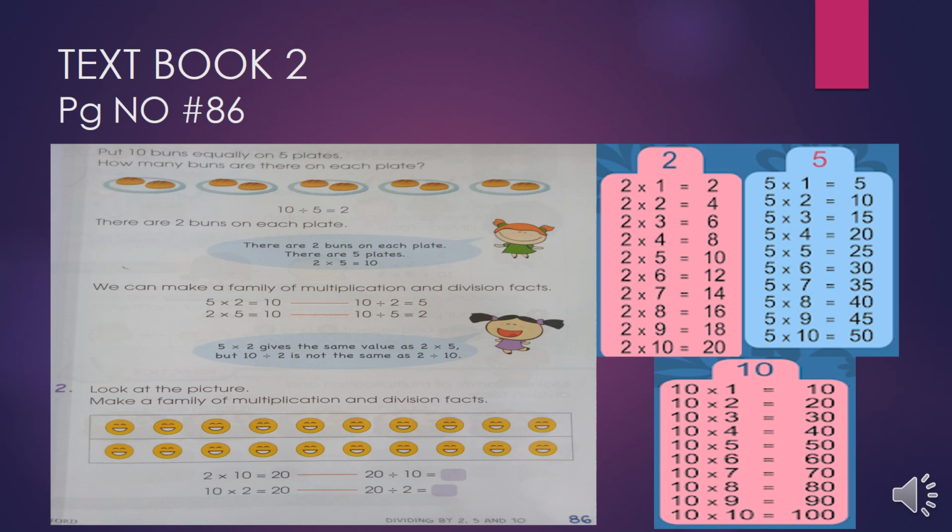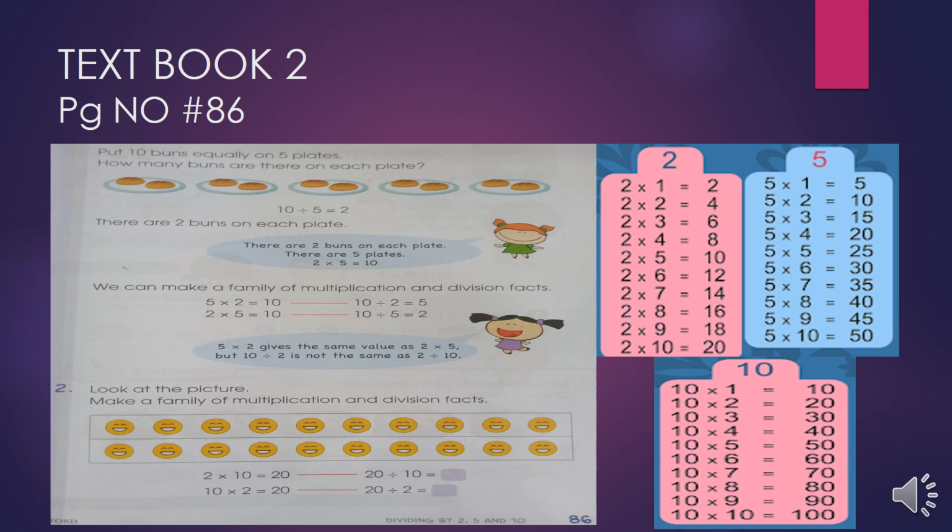We made a multiplication equation, 5 multiplied by 2 is equal to 10.